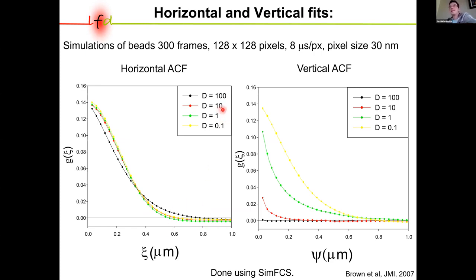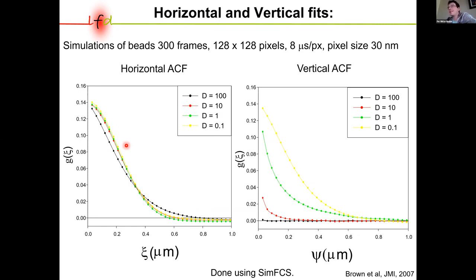Then for 10, this goes down, you have more this classical Gaussian shape. And you see that between 10, 1 and 0.1 for these settings, there's not that much difference anymore in the pixel to pixel correlation. So the pixel to pixel correlation is more sensitive for a faster time scale.